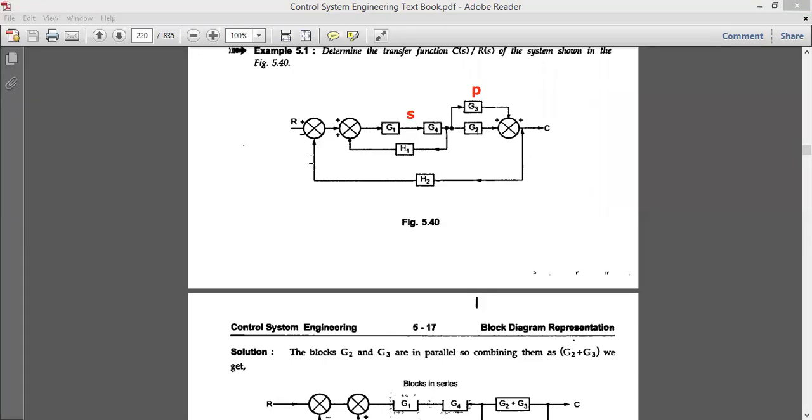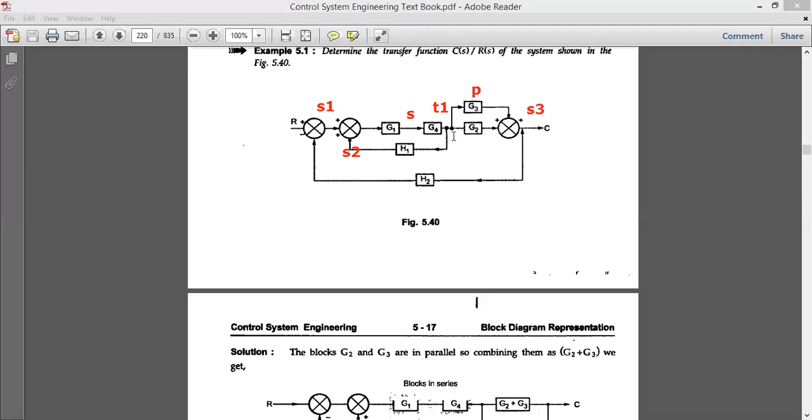How many summing points do I have? Here is S1, the first summing point, S2, the second summing point, and S3, the third summing point. So I have 3 summing points. Then go for takeoff points, represented by T1. I have only one takeoff point.